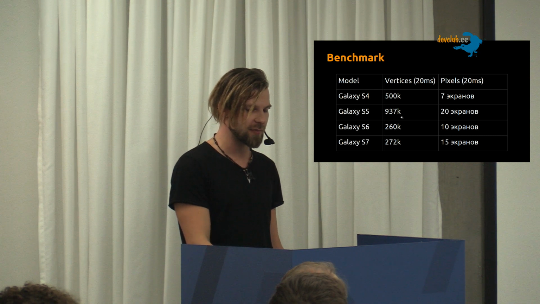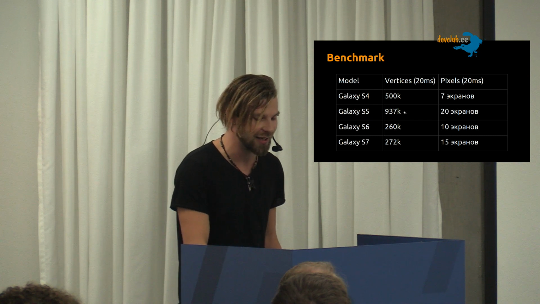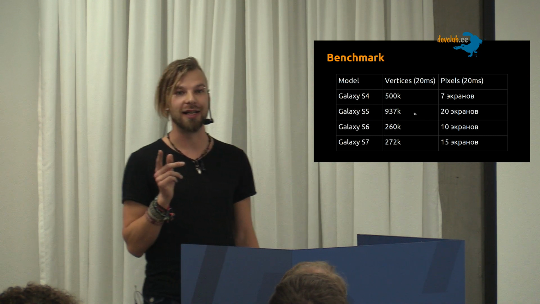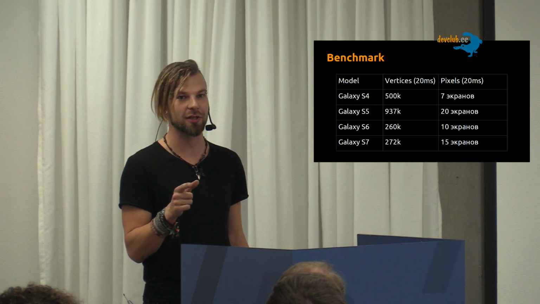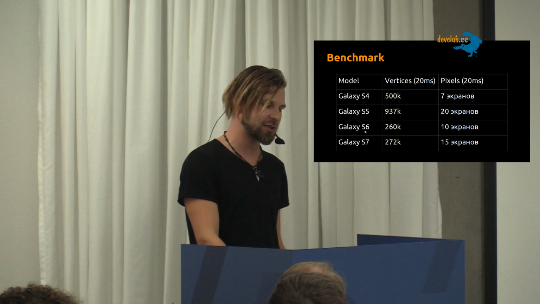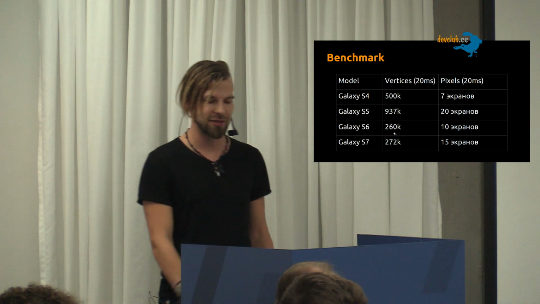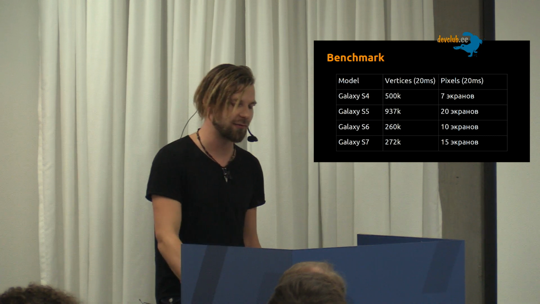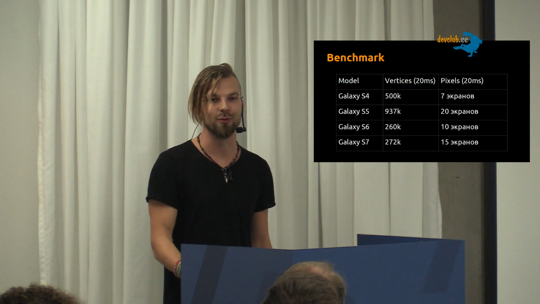Galaxy S5 rendered almost 1 million vertices. And both phones didn't overheat. So after 10 and even after 20 minutes, I checked, throttling did not switch on. And Galaxy S6 had only about 250,000 vertices rendered, because after 10 minutes it started to throttle.